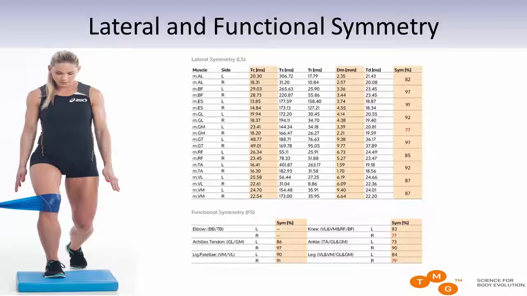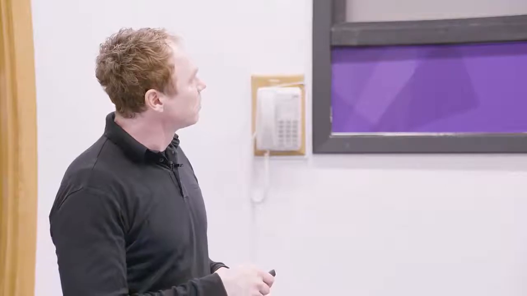Obviously, the perfect scenario would be symmetries which are 95% and higher, but in most cases that's not the case, because sometimes these asymmetries between left and right side, you will hardly detect even if you're training every day. Sometimes it's a postural issue that you were not aware of.